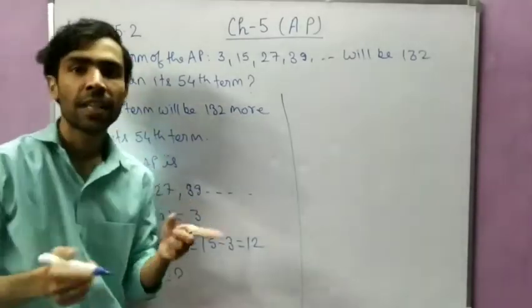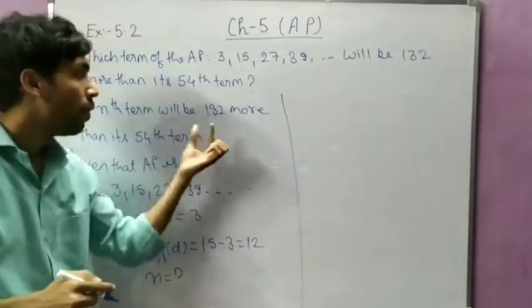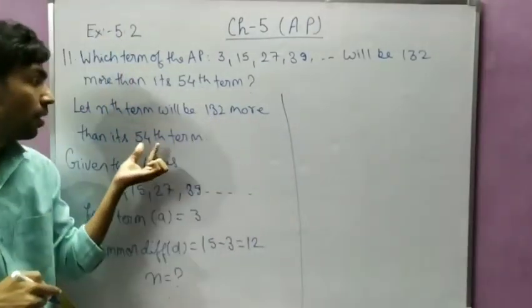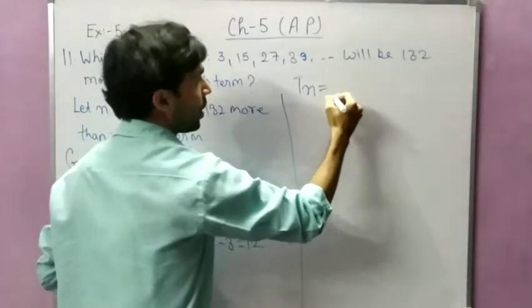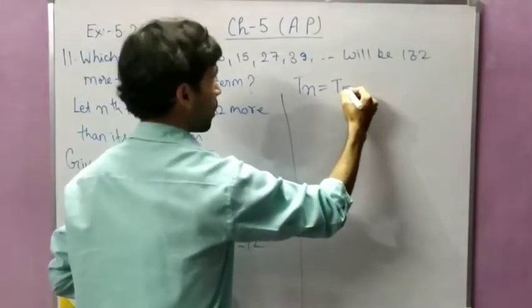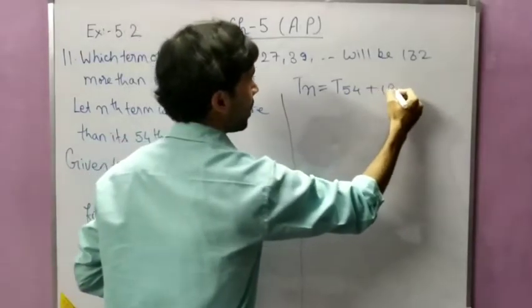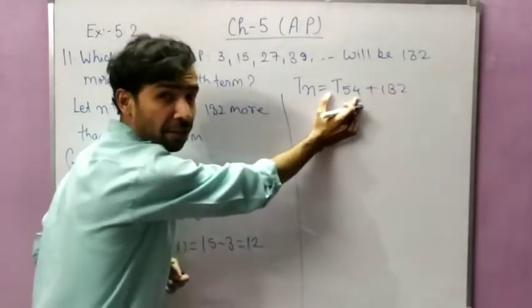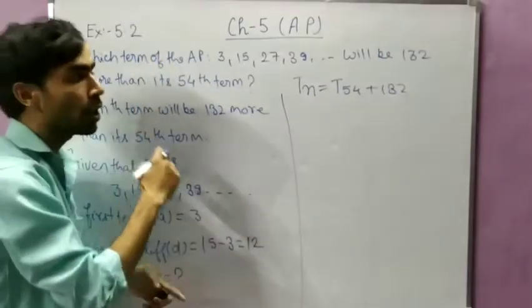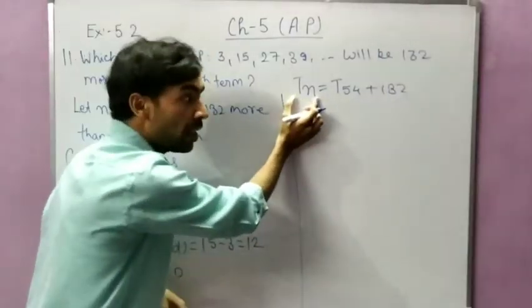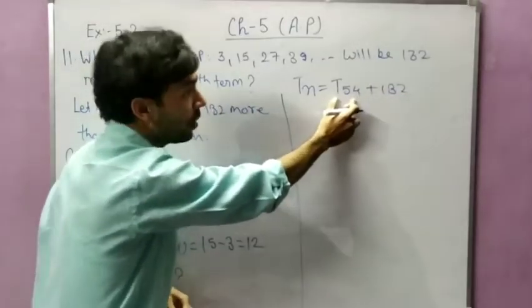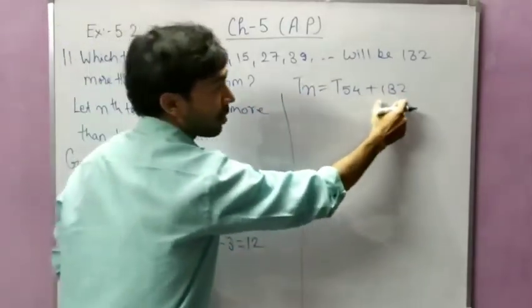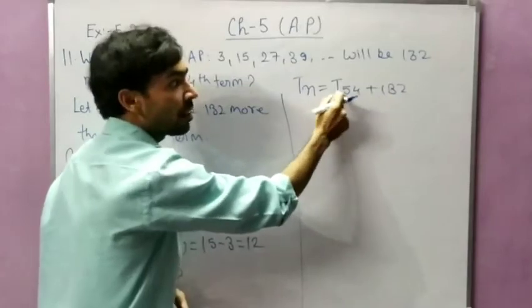So we have assumed let the nth term be 132 more than its 54th term, like the previous question. Since "more than" is written, that's why plus 132. 54th is written, that's why T54.